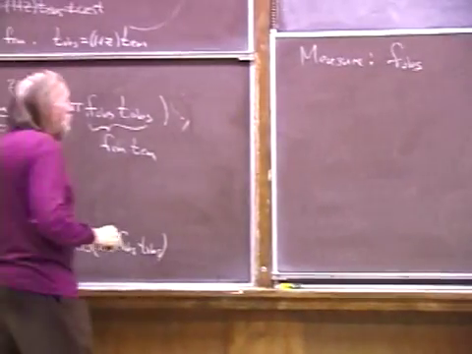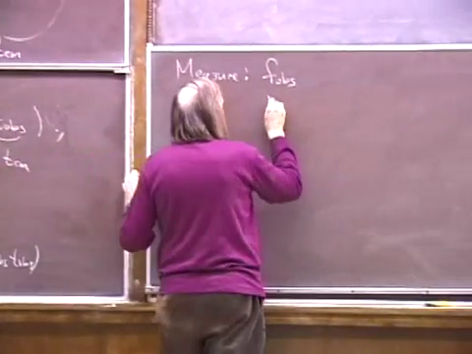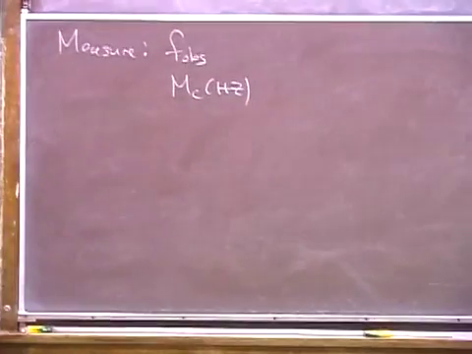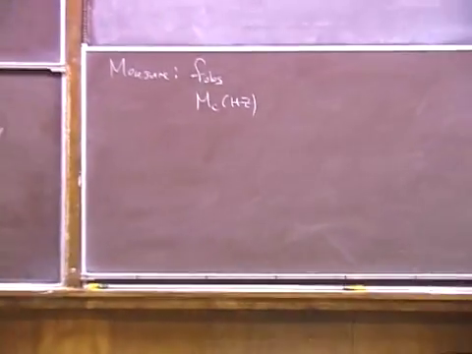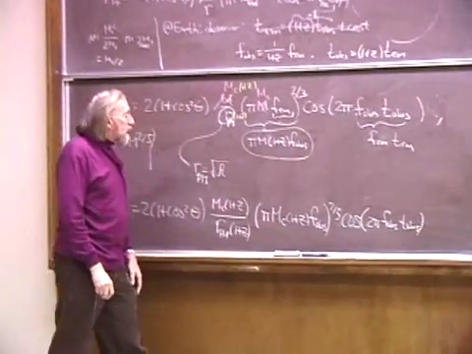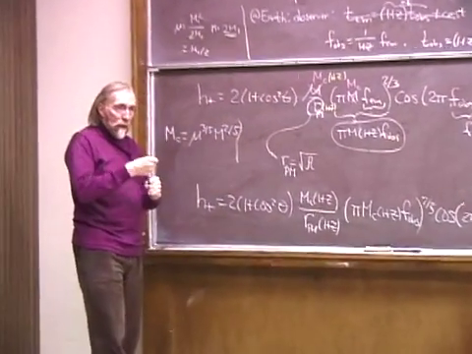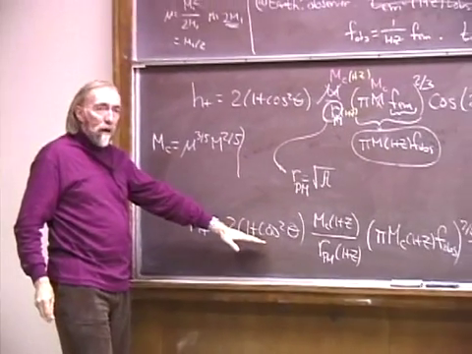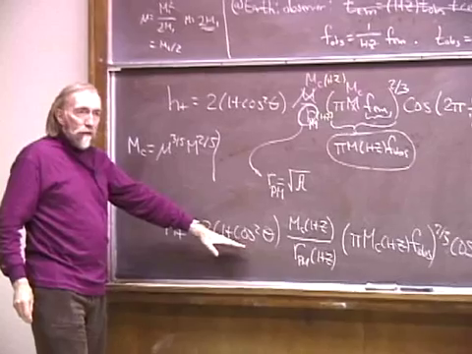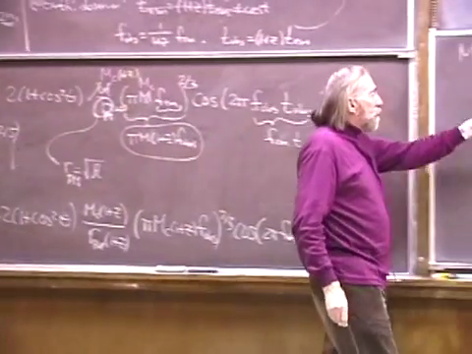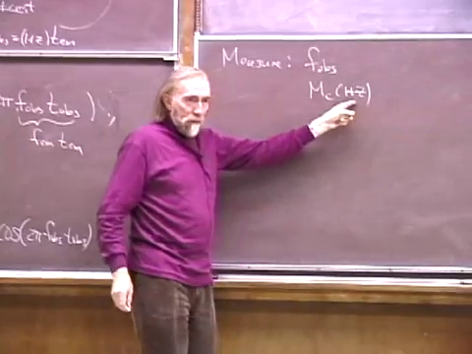We can measure the chirp mass times 1 plus z. And in fact, if you go through the details, and I'm going to give you an exercise on this, the chirp mass times 1 plus z actually comes out of the in-spiral rate. So if you look at the in-spiral rate, which is not embodied in here, you have to go on and look at the time rate of change of frequency, and then you measure an in-spiral rate, and that gives you chirp mass times 1 plus z.